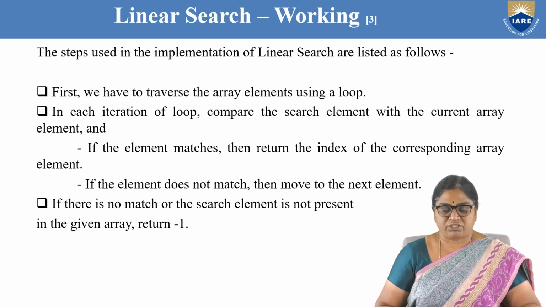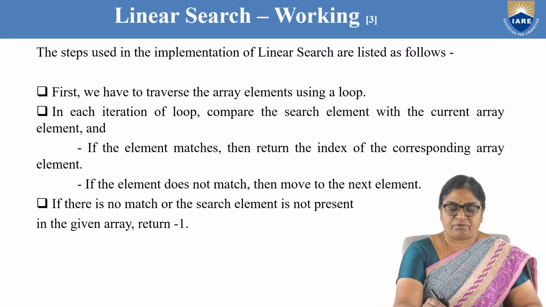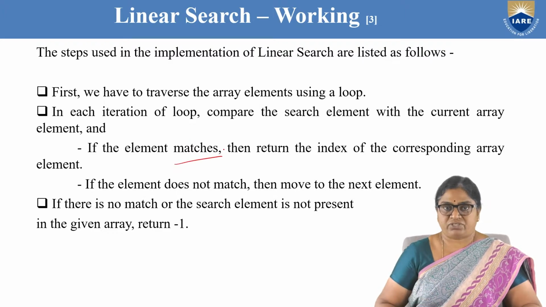Linear search working principle. In linear search, we will try to search the key element's presence in a sequential order. First, we have to traverse the elements using a loop. In each iteration of the loop, compare the search element, that is nothing but the key element, with the current element. If that element is found, that means if that element matches, then return the index of the corresponding array element.